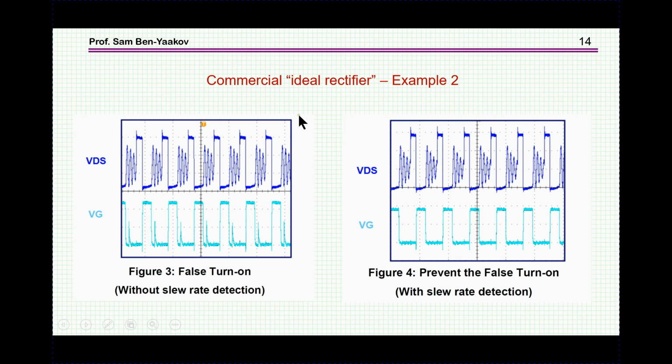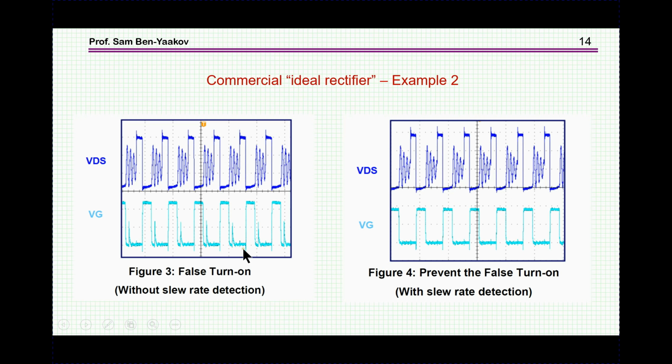Now, the idea of an ideal rectifier, especially the fast one, is fairly new, and I would expect that we are going to see in the near future many more units, with many more features and protection against oscillation and spikes, etc. And this could be potentially a very useful element in many applications and in switch mode converters for replacing the controlled synchronous rectification schemes.